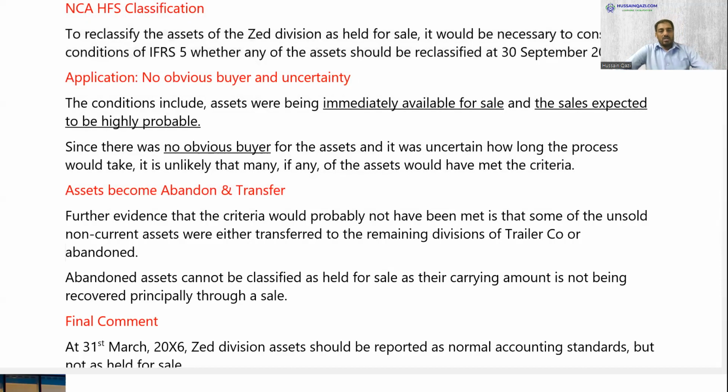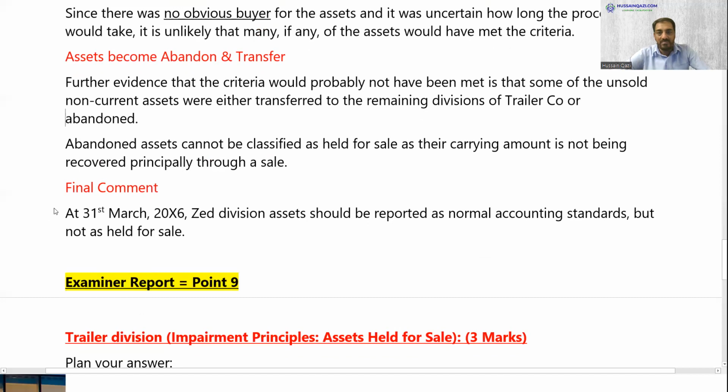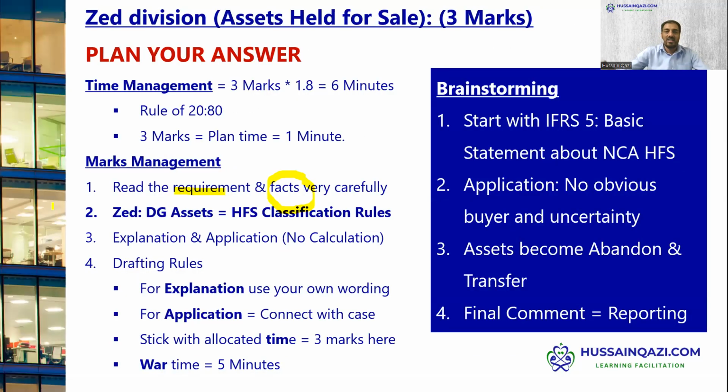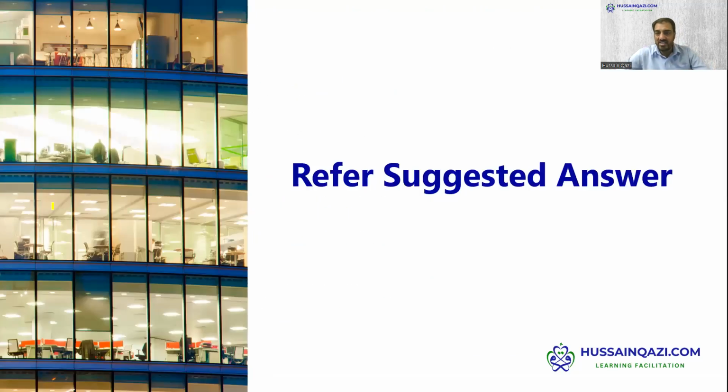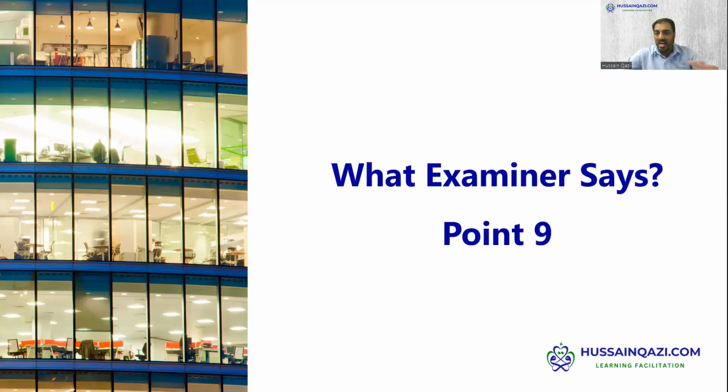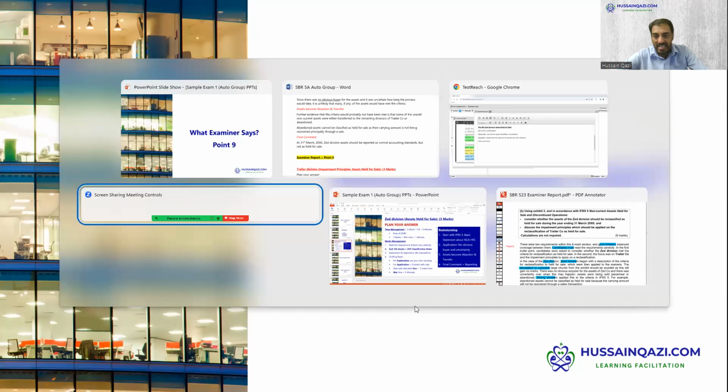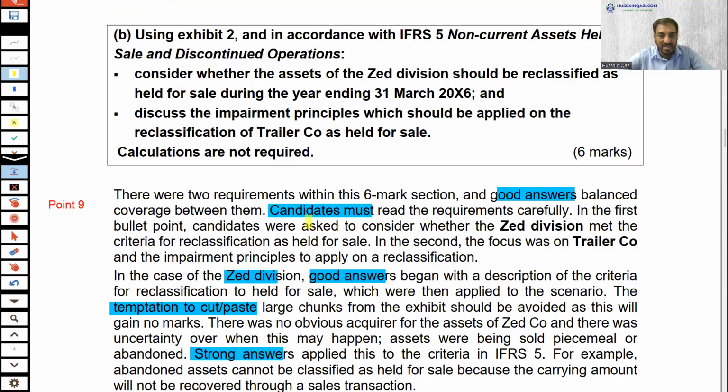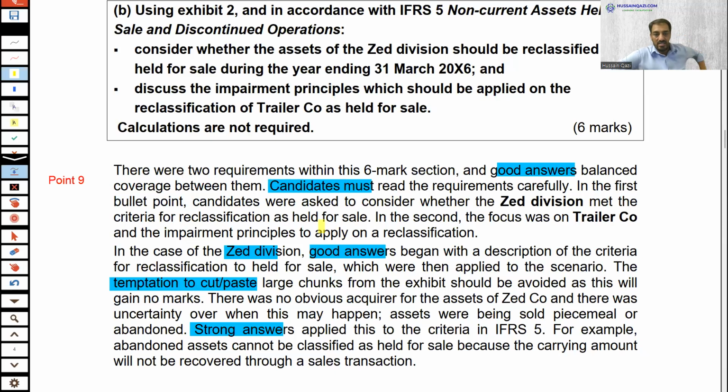So that is the point. Now the next point is about the examiner report. We have done the suggested solution. Now what does the examiner say? Point number 9.